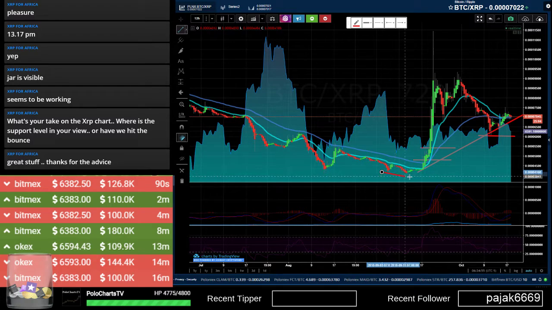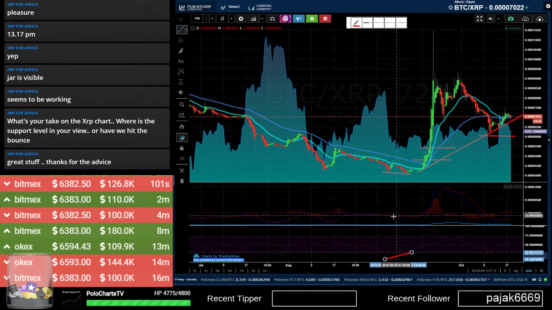If we're looking at the chart here, we're seeing a little bit lower lows, but in the RSI, we're seeing a divergence here.